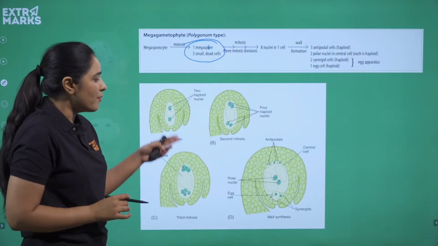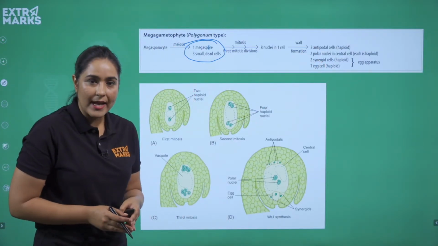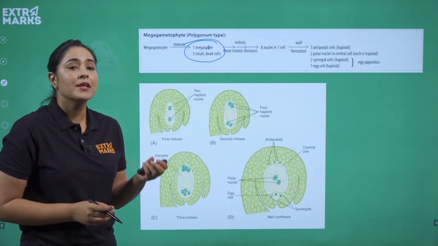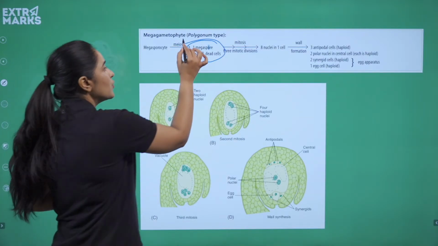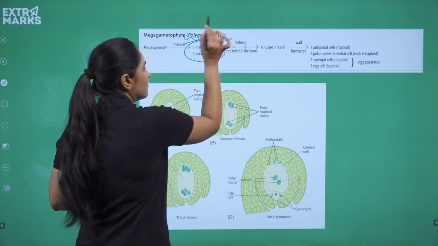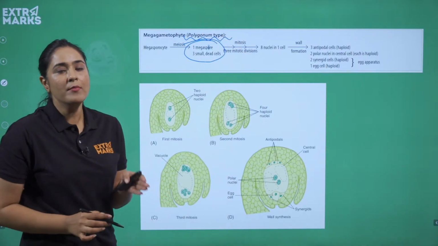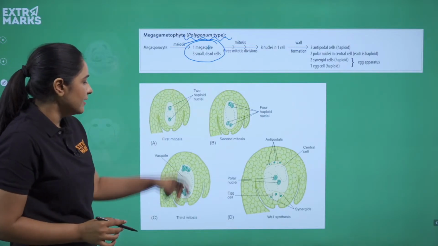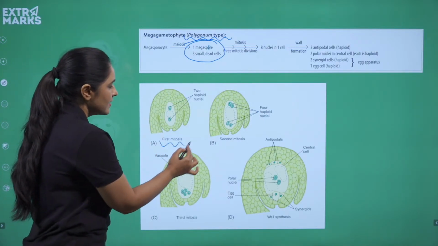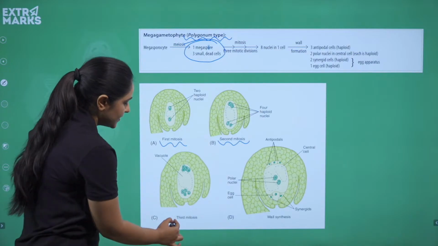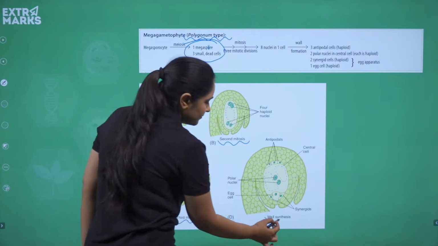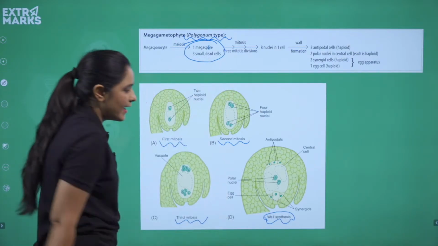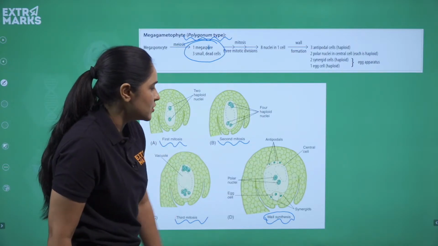So this is the formation of the female gametophyte, as we will see in the angiosperms, and this is also known as the polygonum type. Polygonum, or monosporic, kind of development we are having here. See here, first mitosis, second mitosis, third and the fourth, last one. So we are having here the female gametophyte.